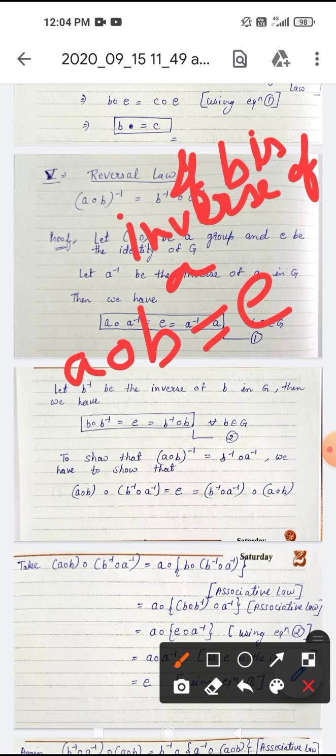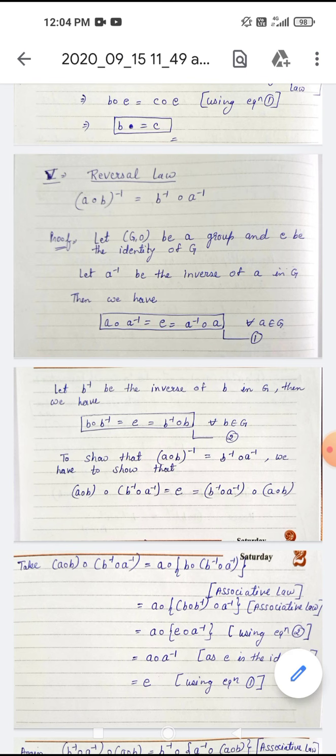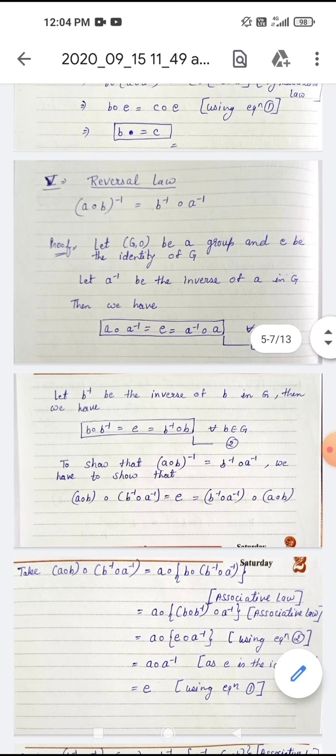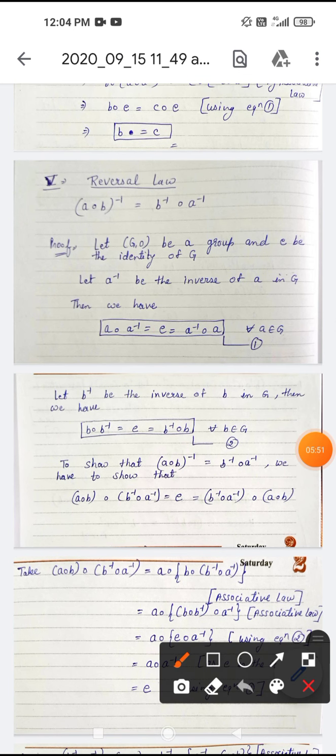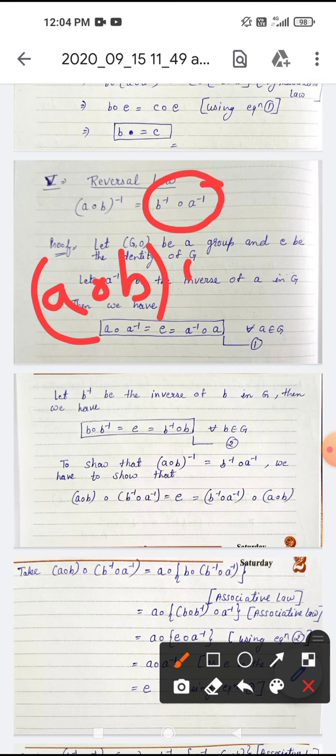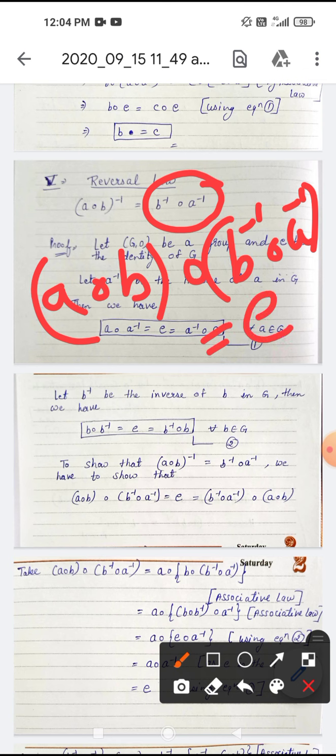So, if B inverse operation A inverse is the inverse of A operation B, then we have to prove A operation B operation B inverse operation A inverse is equal to E. This thing you have to understand.